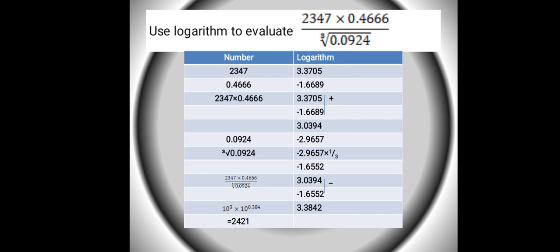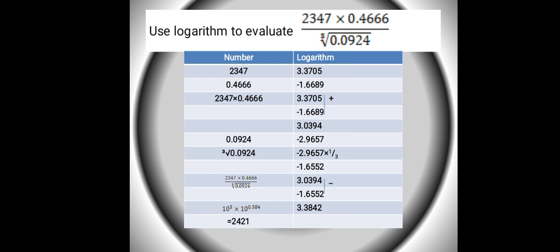Use logarithms to evaluate 2,347 multiplied by 0.4666 all over the cube root of 0.0924. Now the logarithm of 2347 is 3.3705. The logarithm of 0.4666 is 1.6689. Add the two, we get 3.0394.